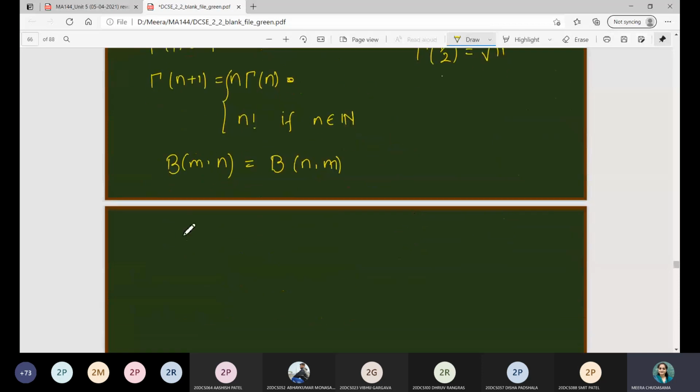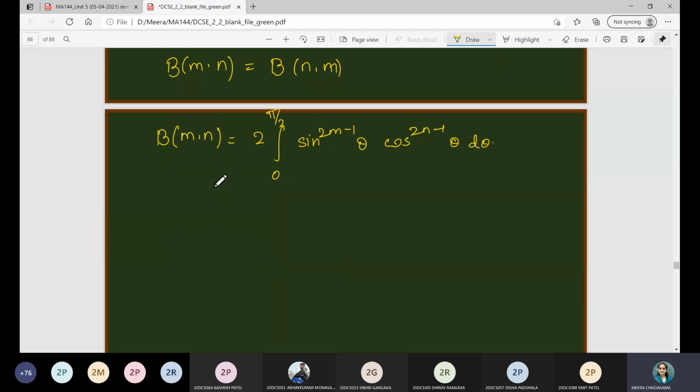After this, we have seen the representation of the beta function in terms of sine and cosine functions. So beta m n is equal to 2 times the integral from 0 to pi by 2 of sine raised to 2m minus 1 theta into cos raised to 2n minus 1 theta d theta.